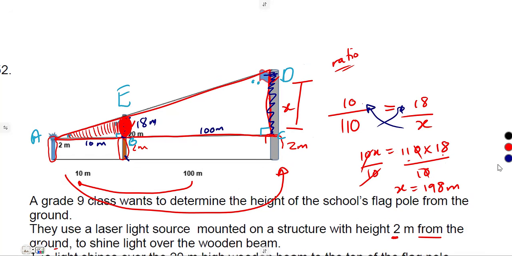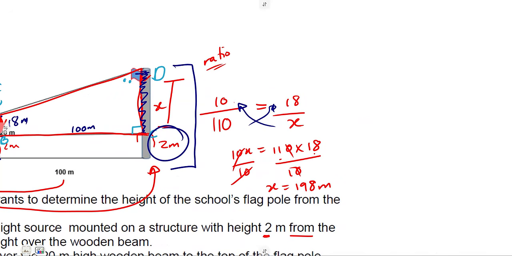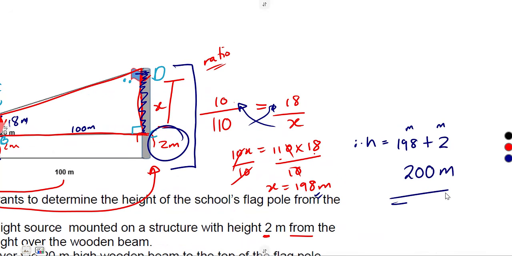So therefore, the height of the flagpole, including that laser light height of 2 meters that we talked about before, gives us the complete height of the flagpole. So our h for the flagpole is going to be 198 plus 2 meters. Adding this, it gives us 200 meters.